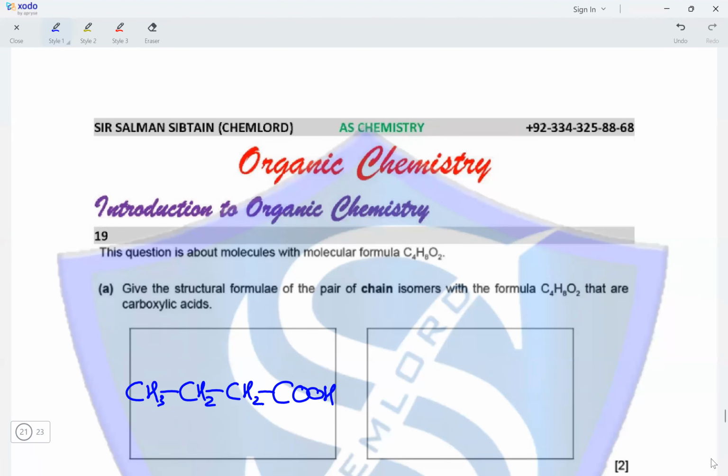And a chain isomer is basically introduction of branching. So we have a carbon atom chain of three carbon atoms, and one of the carbon atoms is a substituted group on the second carbon atom, and this carboxylic acid is 2-methyl propanoic acid.